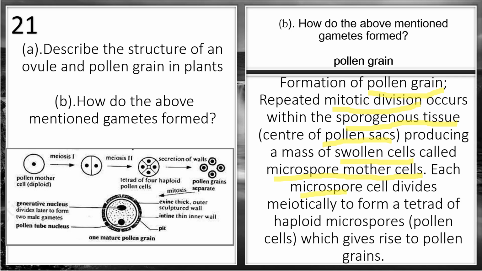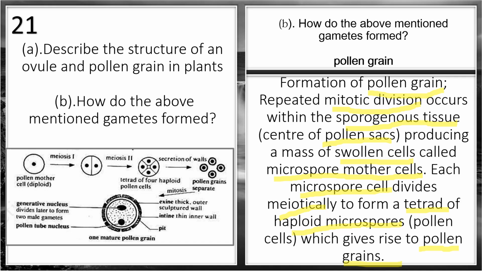Each microspore mother cell divides to form a tetrad of haploid microspore pollen cells, which give rise to the pollen grain.